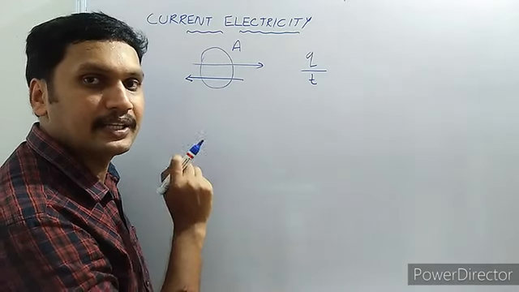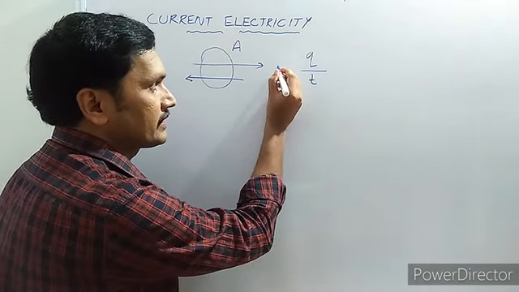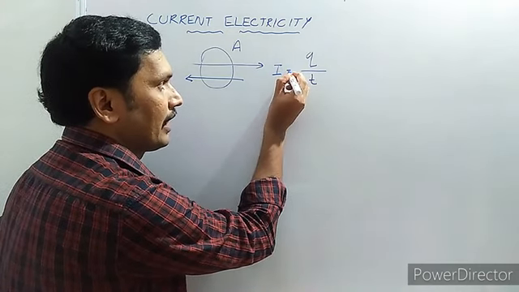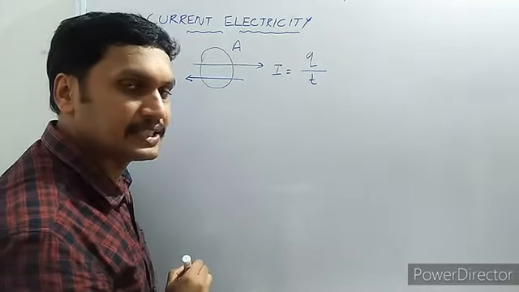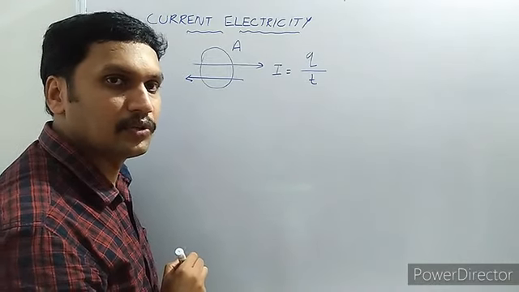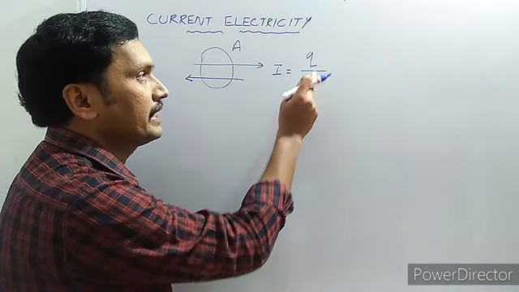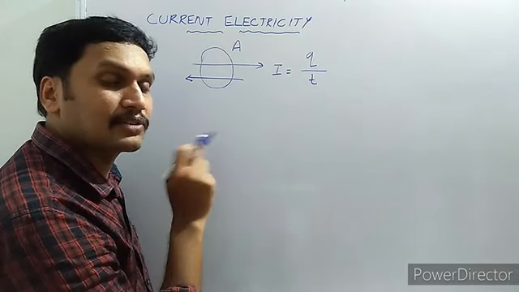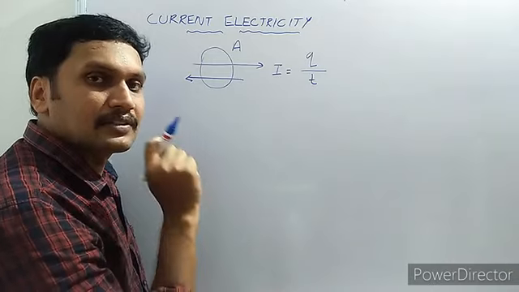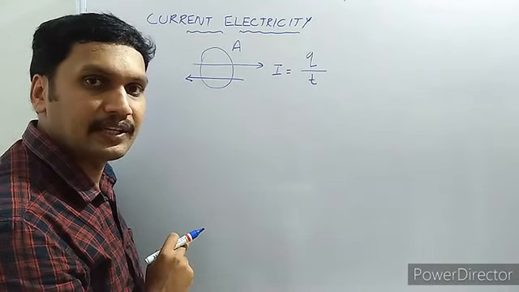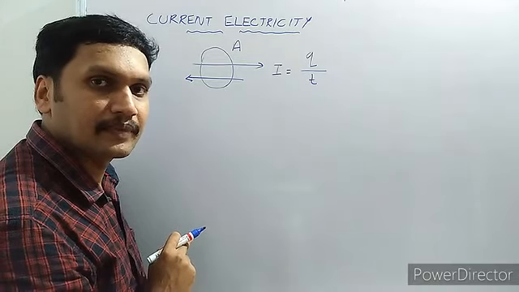We denote the electric current by the symbol I, and we write I is equal to Q by t. Electric current I is equal to charge by time, and it is the charge that flows normally through this area in a unit time.